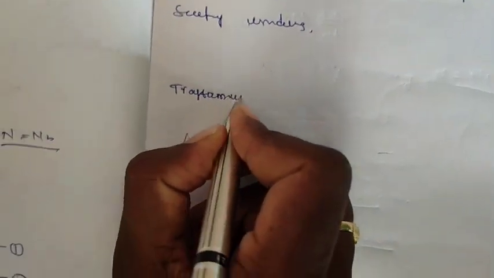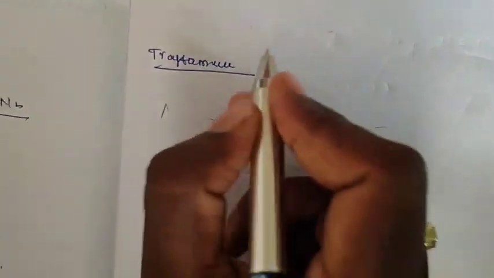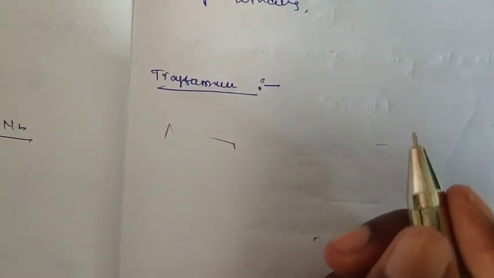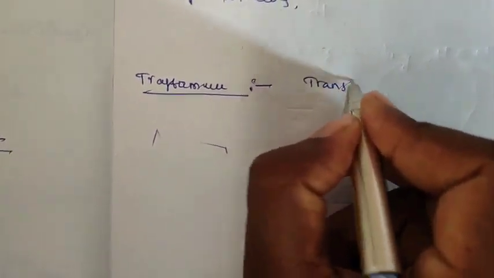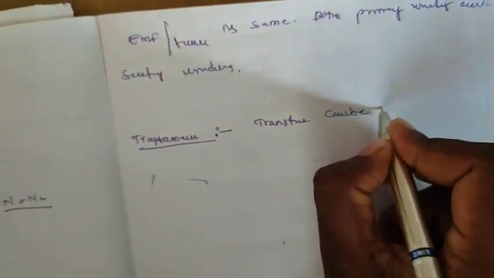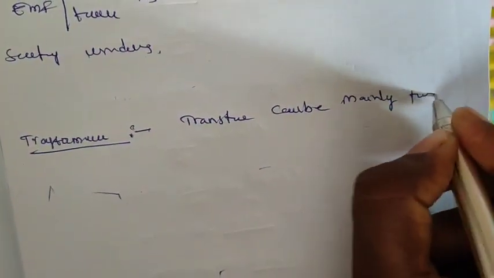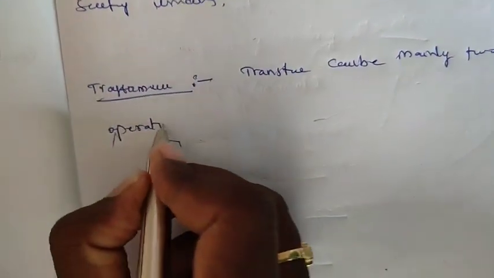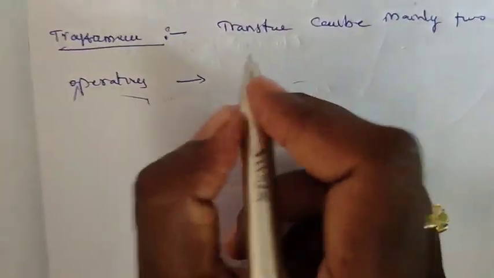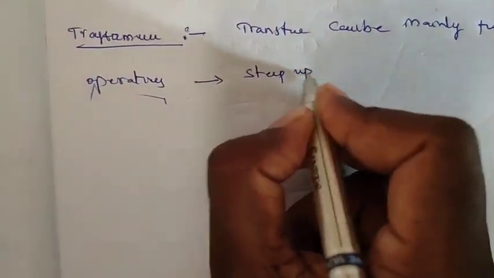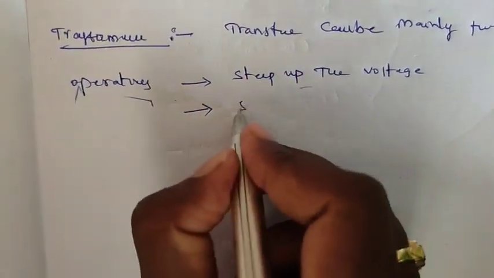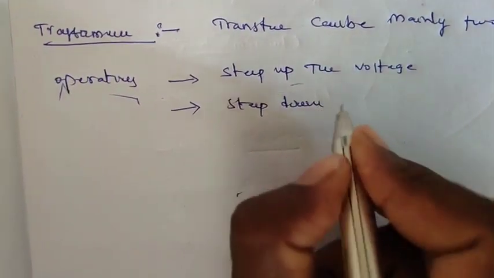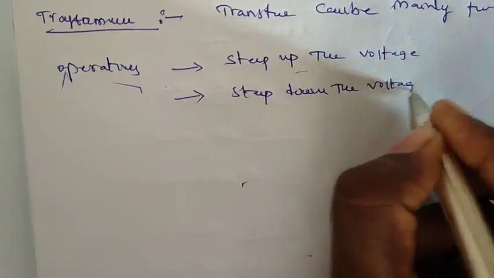Next, the transformer. Here we already discussed the working principle. A transformer mainly has two operations: one is step up the voltage, second is step down the voltage.